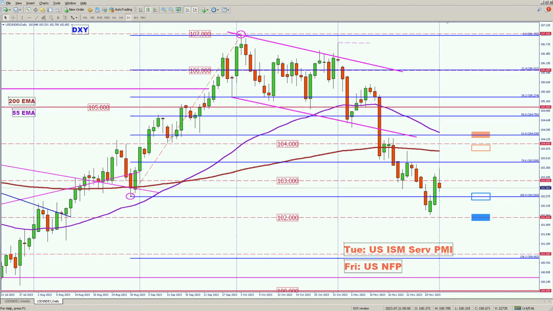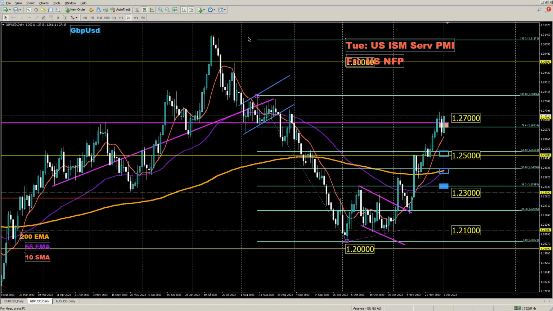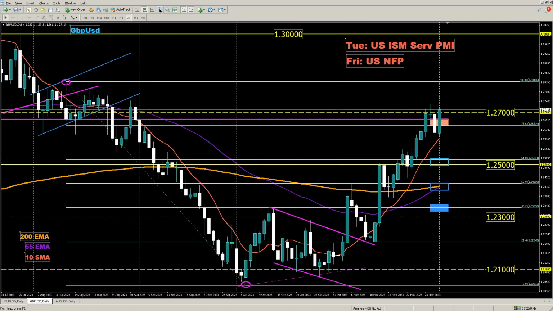All right, let's move back to the other pairs. Moving on to the cable. After spiking through the 127, pull back. And then on Friday, it pushed back up, closing above the 127 again.